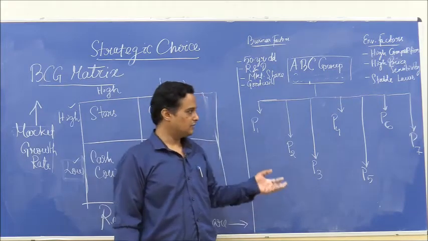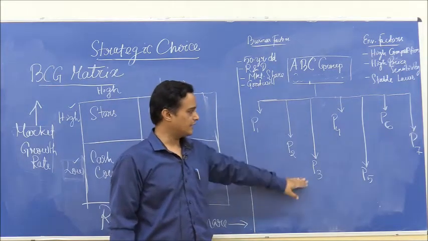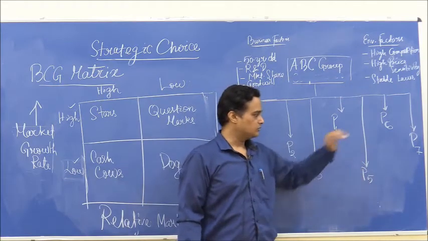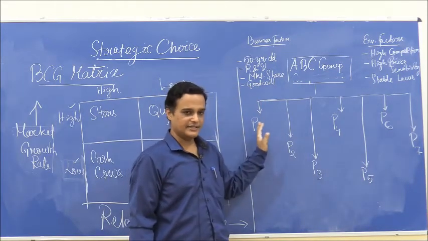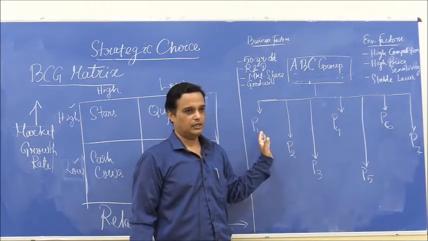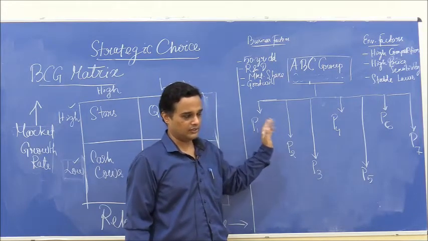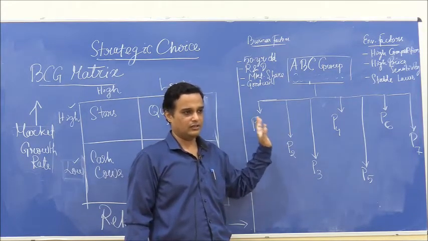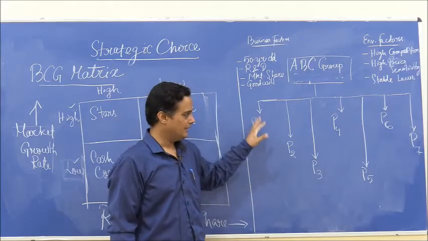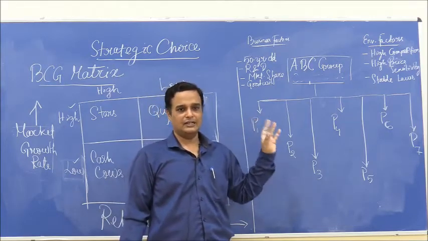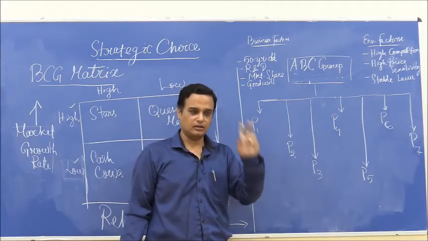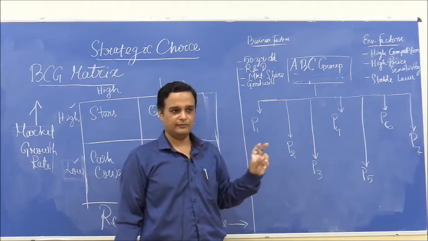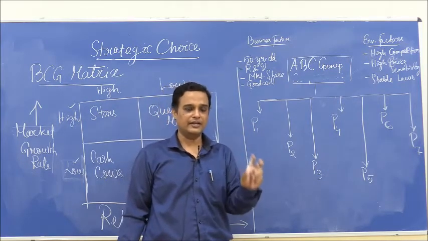Well, as you can see here, these are unrelated product lines. If they are not connected with each other through technology or market or consumers, then each of them needs to be treated like a separate concern or a separate firm. So, each of them would be treated as an independent SBU.